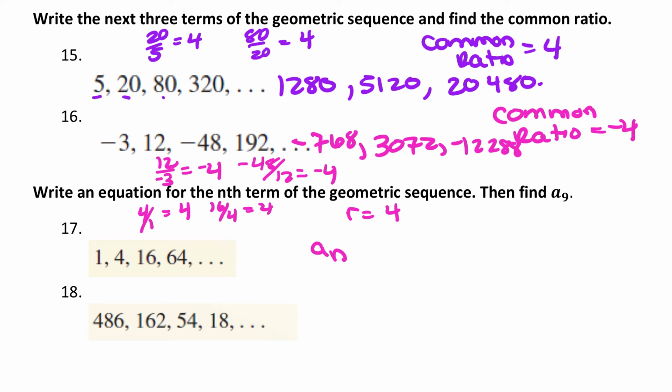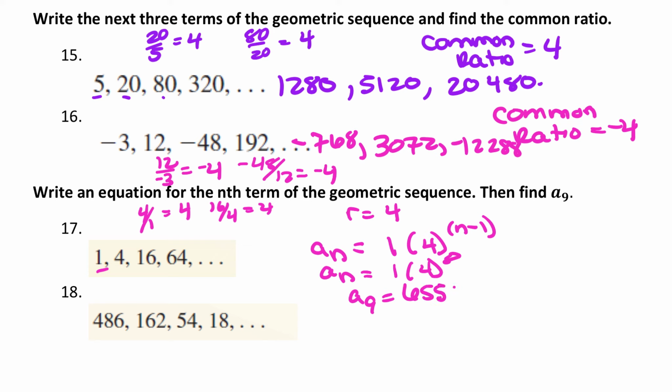So a sub n is equal to a sub 1 times our common ratio to the n minus 1, so 1 times 4 to the n minus 1. And then a sub 9 is equal to 1 times 4 to the 8th, so a sub 9 is 65536.